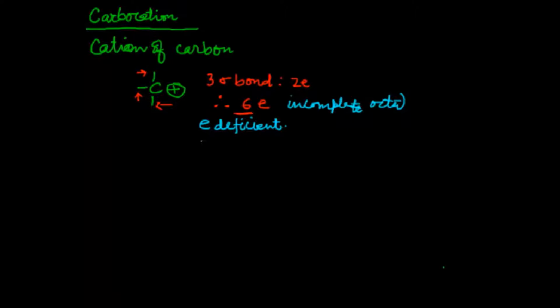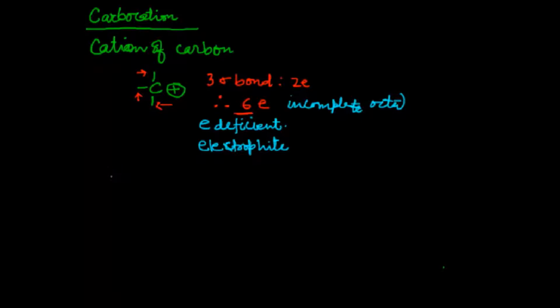And if this is electron deficient, it must be an electrophile. So these carbocations are electrophilic in nature, having 6 electrons, incomplete octet, it is electron deficient. So these cations of carbon are called carbocations, which are electron deficient or electrophiles.